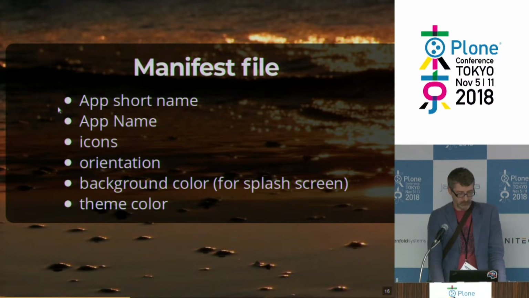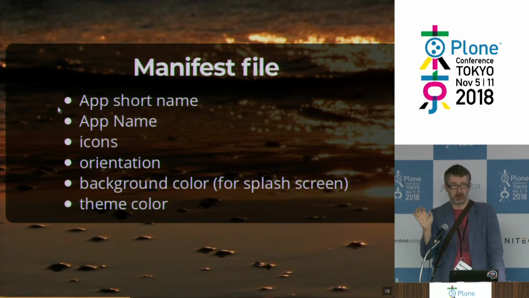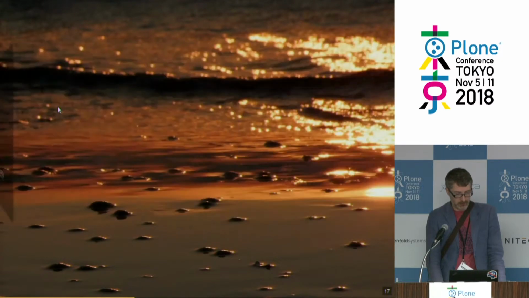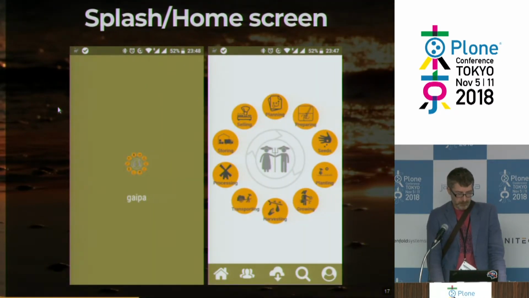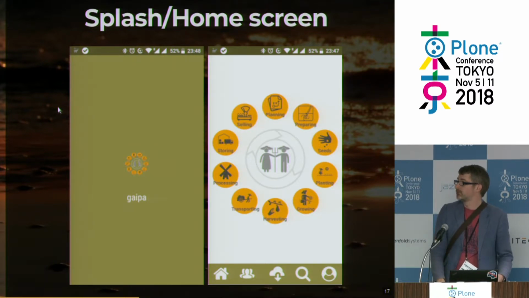And for this, especially on the phone, you need something like the short name. If you have a longer title, you don't want this text on the icons on your home screen. It looks a little bit like this. You have a splash screen, the icon should be a little bit bigger, but after a short loading period, you end up in the app itself.